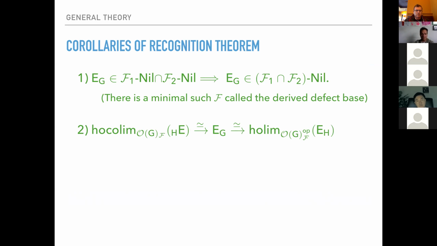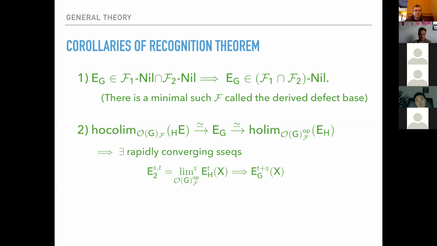Well, you can make them into cosheaves for finite G-sets, where you define covers to be maps that induce surjections on all the H fixed points for H in F. So for each of those two, the holim and the hocolim, we have rapidly converging spectral sequences. One using derived functors of the limit, and another using derived functors of the colimit.